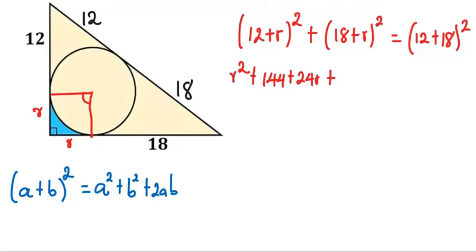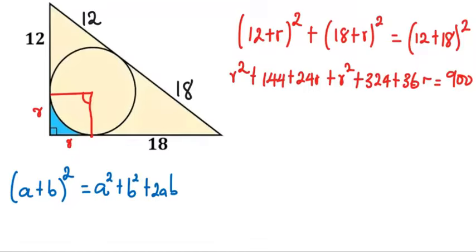Then plus the second expansion, r squared plus 18 squared, giving us 324, plus 2 times 18 times r, giving us 36r. This is equal to 12 plus 18, giving us 30. So 30 squared is 900.